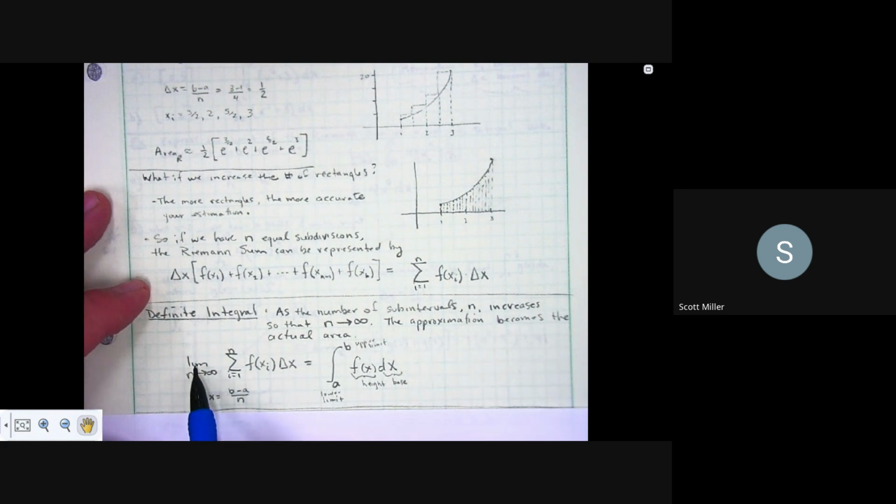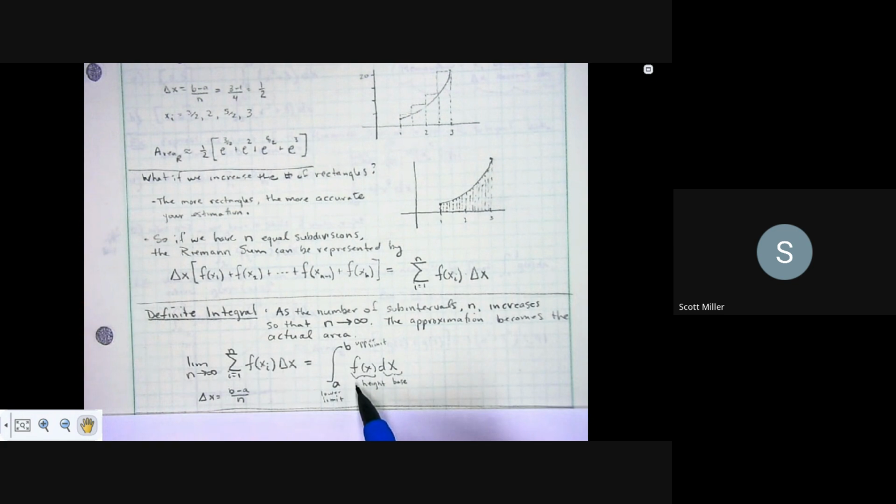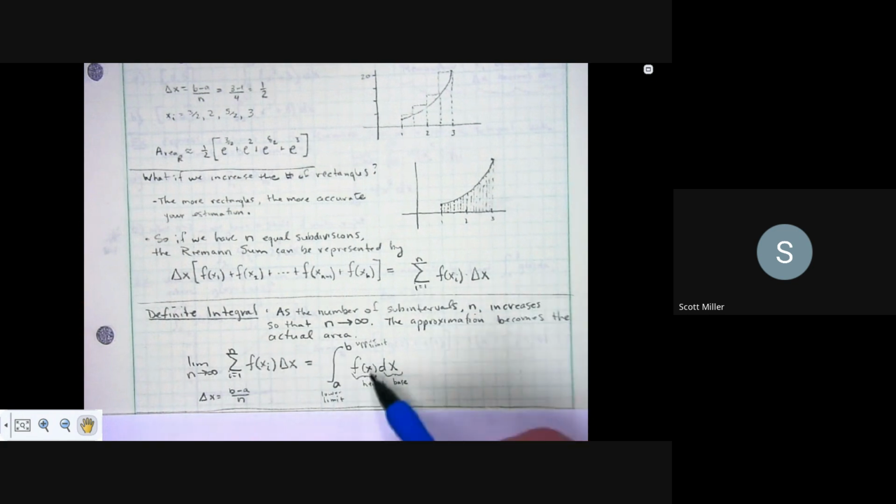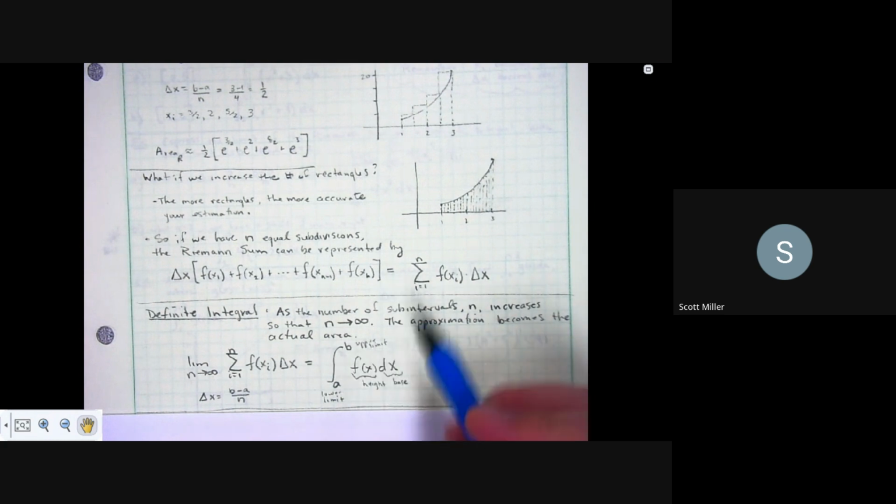If I take the limit as n goes to infinity of this, which is basically the sum of all the rectangles, which just means I'm increasing the number of rectangles, then I can take this entire expression and write it in this fashion, which means the same thing. This now means the actual area under the curve. This is the lower limit, the upper limit. This represents the height of the rectangles, and this represents the base length of the rectangle.